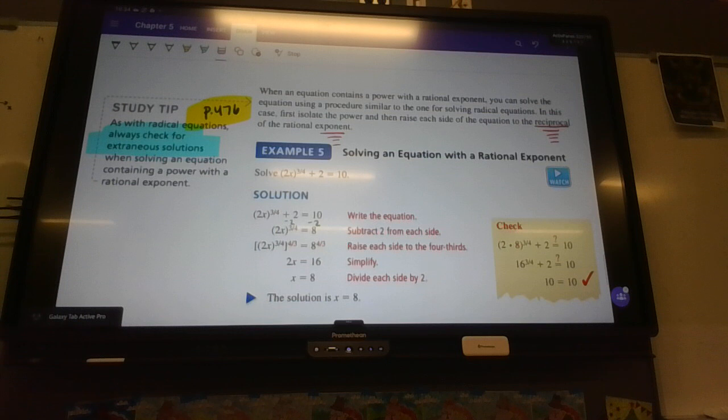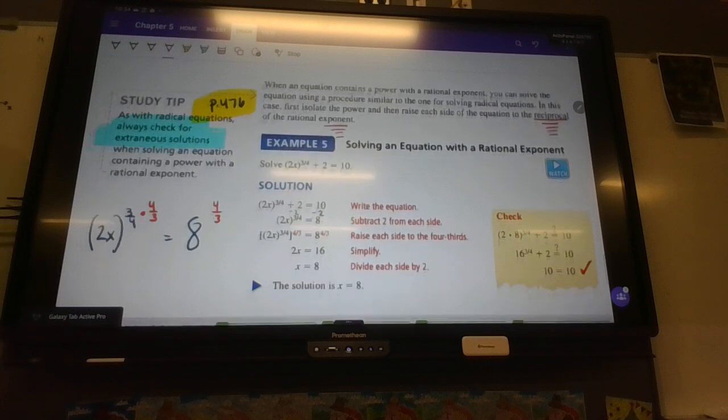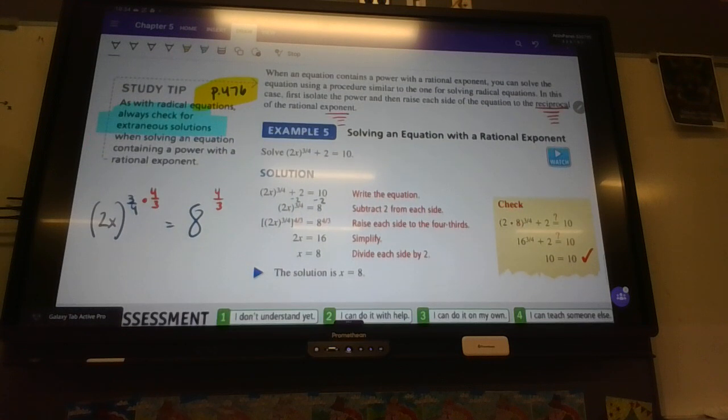I'm going to show it a little more clearly than the book does. So it's 2x to the 3/4 equals 8. Now watch if I do 4/3 right next to 3/4. I have to do it on both sides, of course. But 3/4 times 4/3 is just 1. So that gets rid of that exponent over there. You don't have to show this, but 3/4 times 4/3 is the same thing as 12/12, which is 1, which is what makes it all disappear.